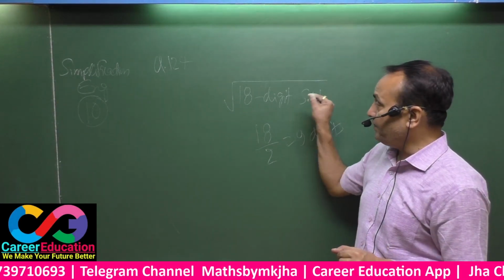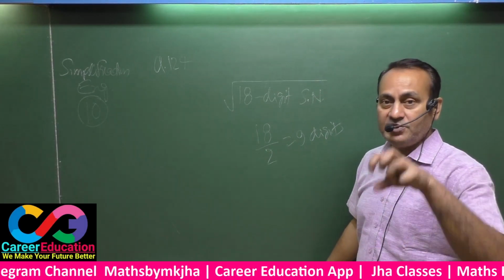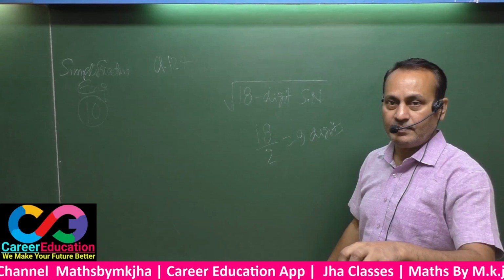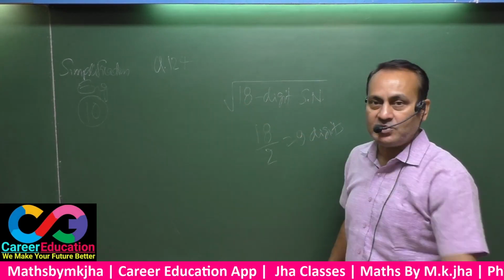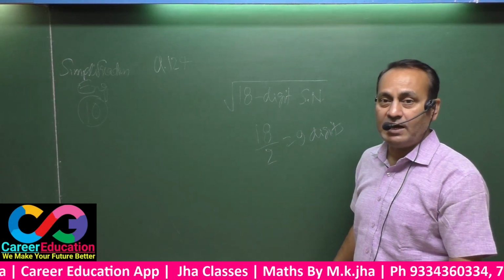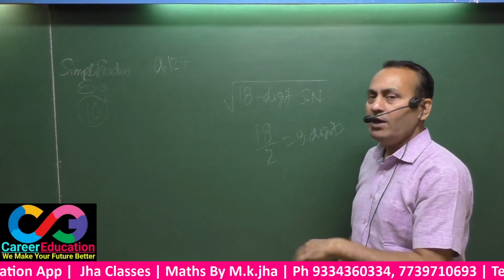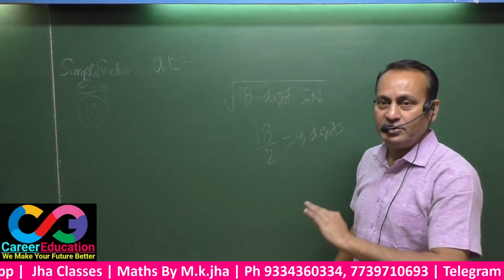Only if this is a perfect square number can you count the number of digits, which will be fixed. Otherwise the number of digits can't be counted in the result.